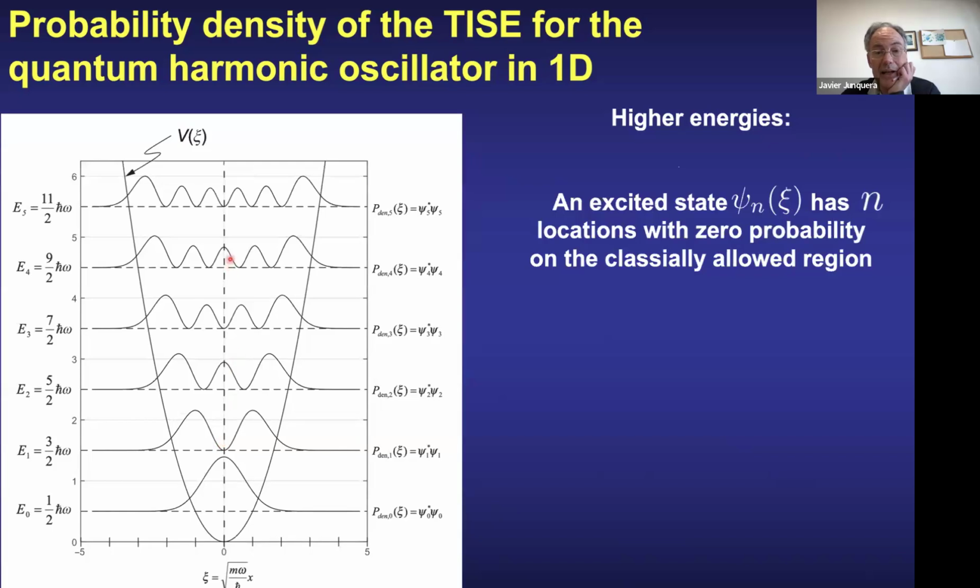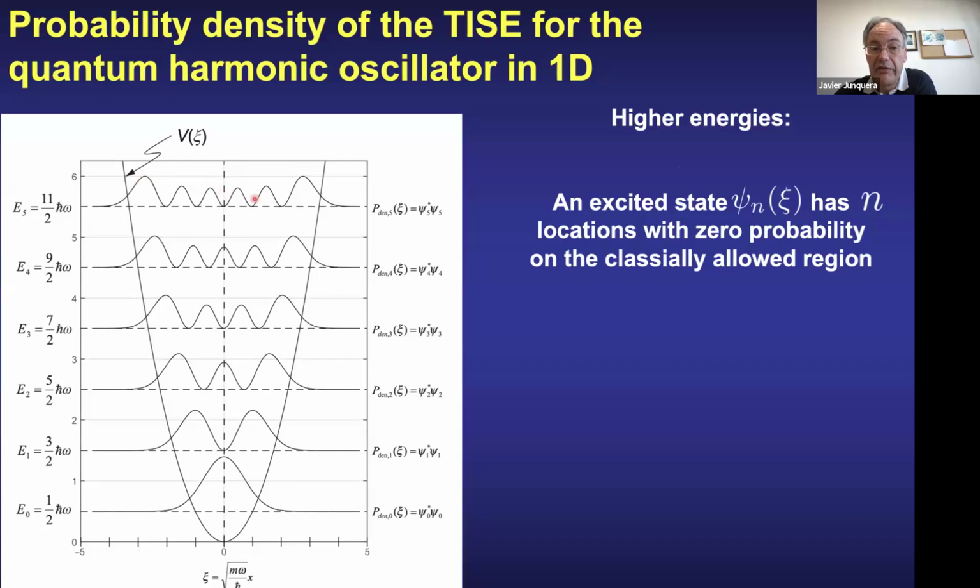However, if we are moving higher in energy, we can see how for excited states with higher n, the probability of finding the particle in a position closer to the turning point here increases.